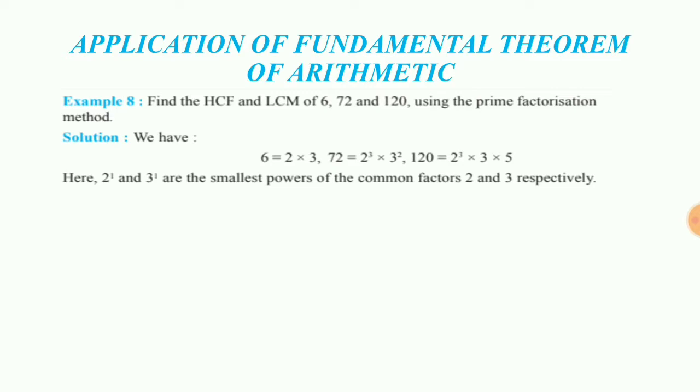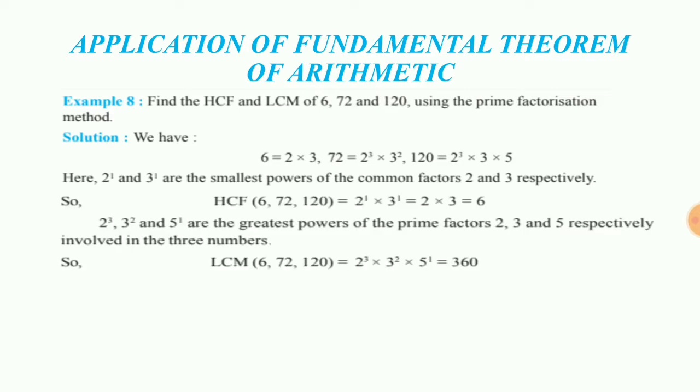So 2 raised to power 1 and 3 raised to power 1 are the smallest powers of the common factors 2 and 3. Their product will be the HCF. So HCF of 6, 72 and 120 is equal to 2 raised to power 1 into 3 raised to power 1, which is equal to 2 into 3, which is equal to 6.